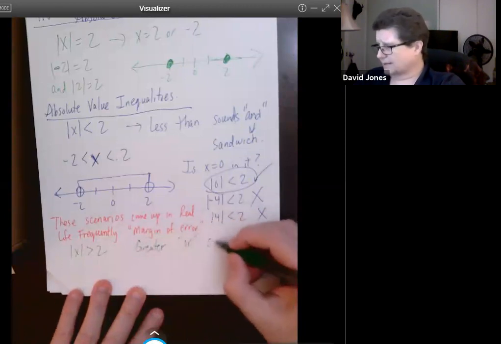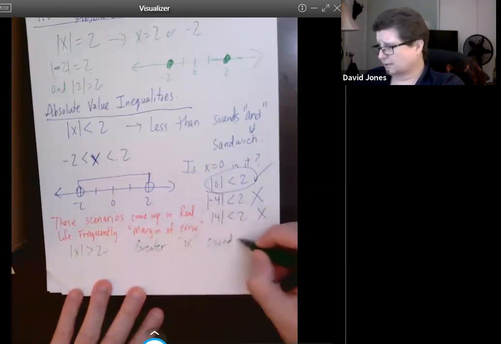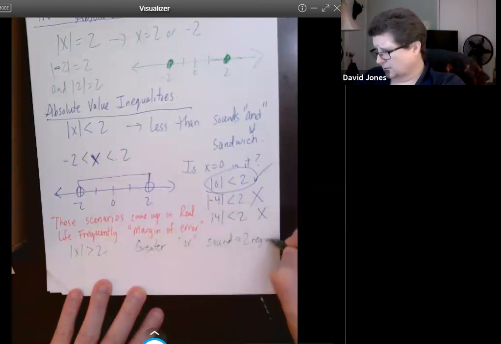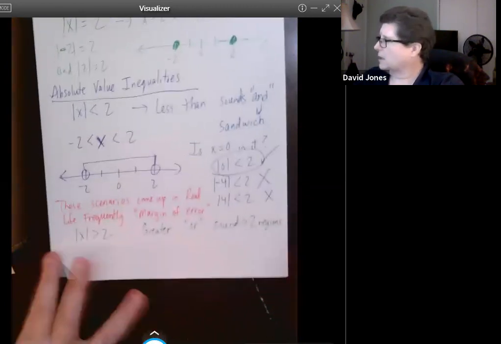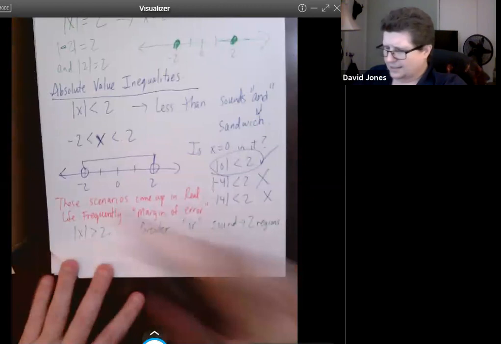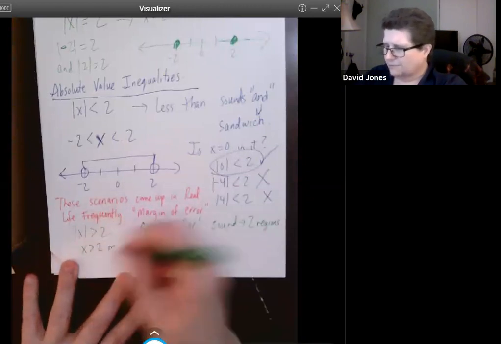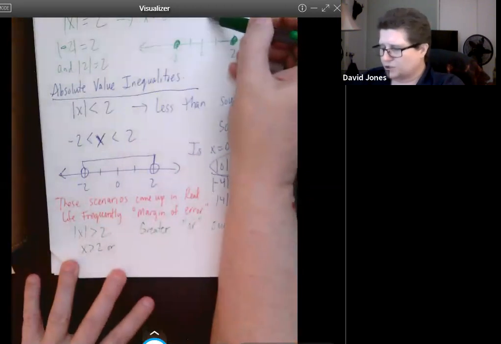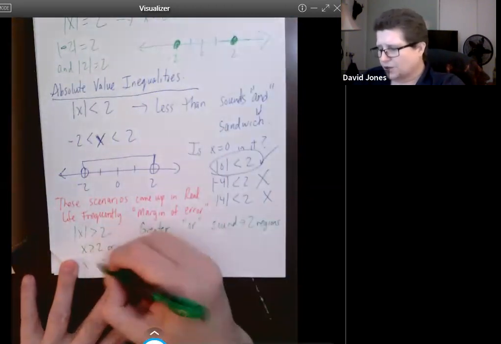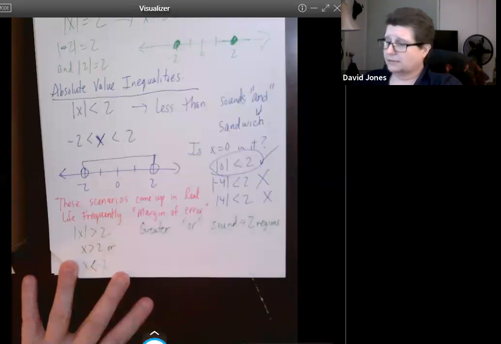The or sound gives us 2 regions. And this is x is greater than 2, or, and then remember we have 2 or -2. When you do the -2 one though, you've got to change the sign.